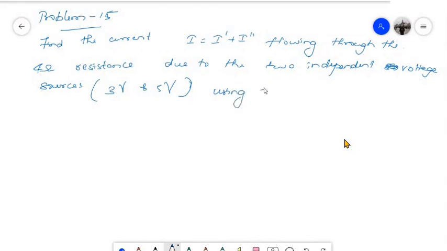Using the superposition theorem. Now, instead of giving it in the same circuit, I am giving it in 2 different circuits with 2 different sources.